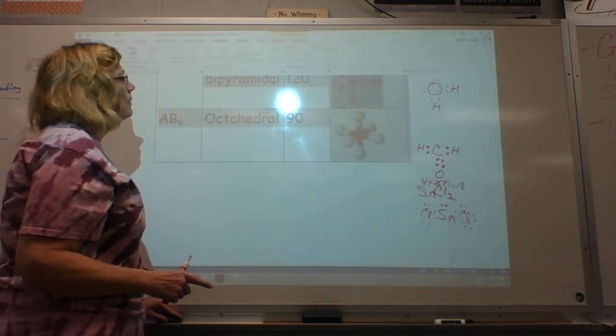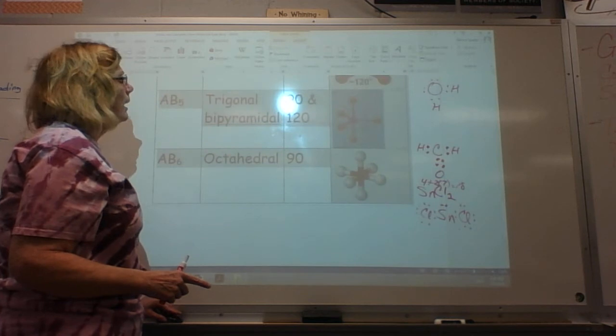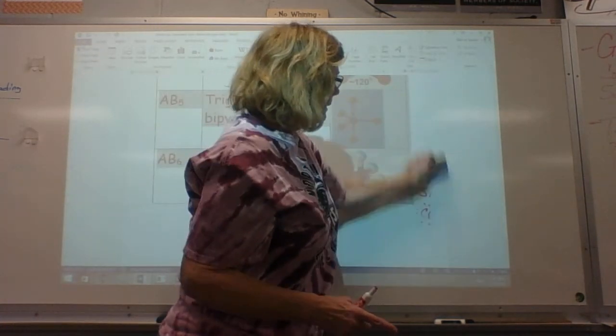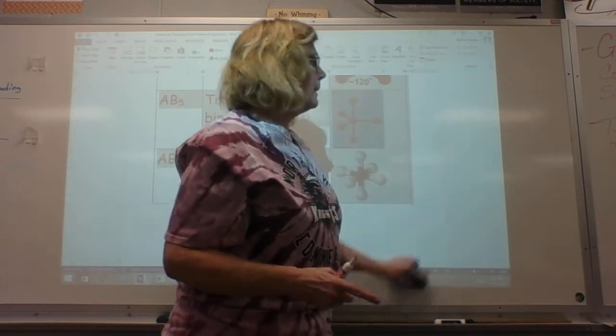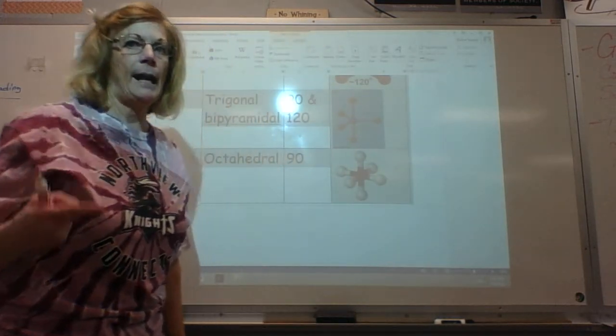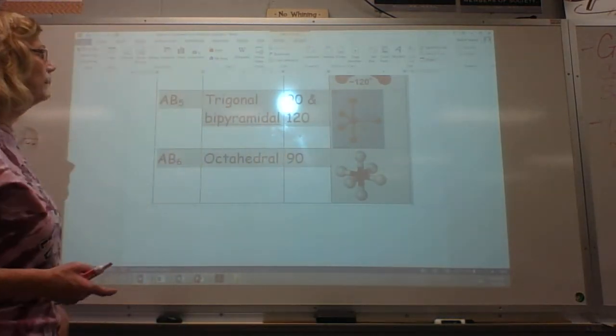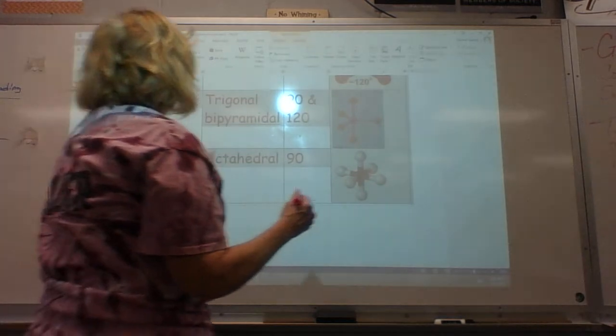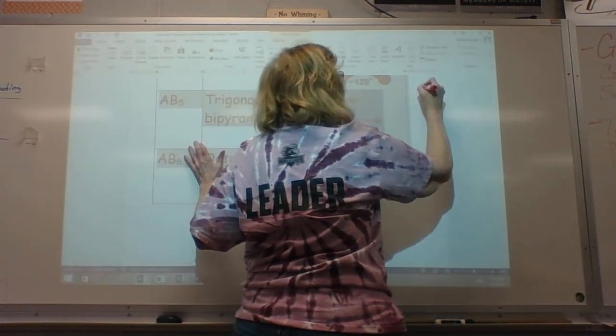The last 2 I have are what we refer to as the expanded valences. The expanded valence means that you're going to have more than 8 electrons on the central atom. So an example of the expanded valence of trigonal bipyramidal would be PCl5.